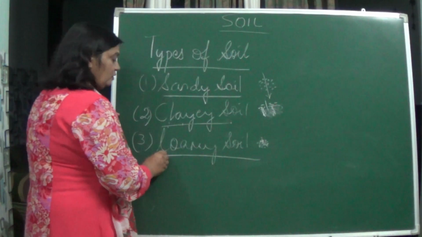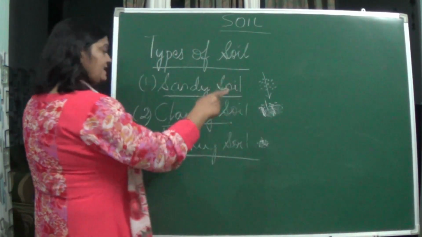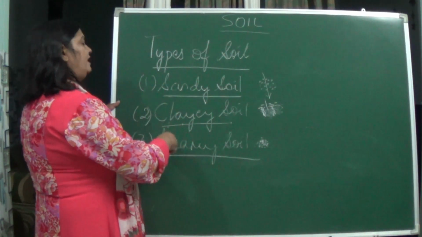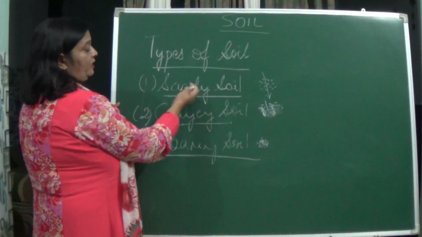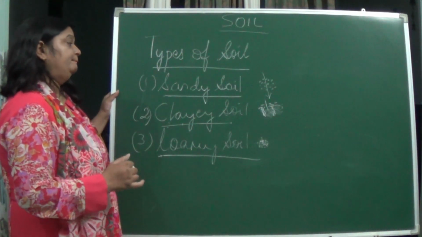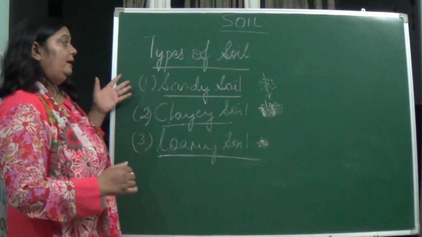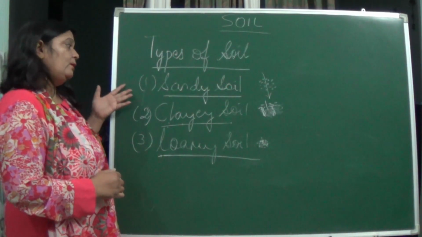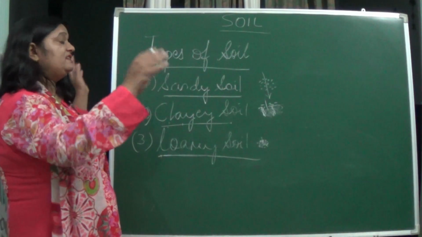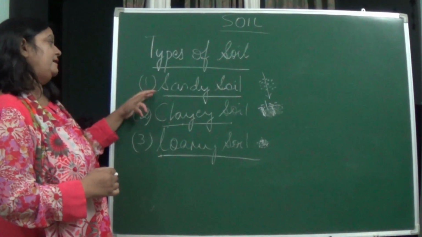Loamy soil is fit for the growth of the plants, but we can modify the soil by mixing sandy and clay soil together properly. Naturally, on earth also, in India also, it is not that everything is totally sandy, like the desert, which is found as a totally sandy area.